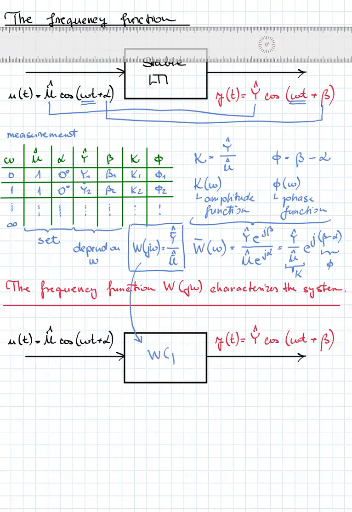Let's say W(j omega) is known, from measurement or from somewhere, and somewhere means some techniques which I am going to show you in some lectures later. But let's say we know W(j omega). How to use it?